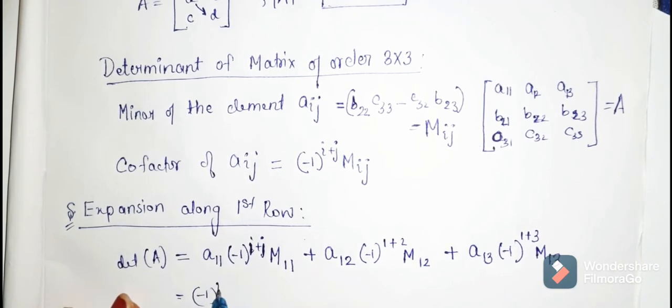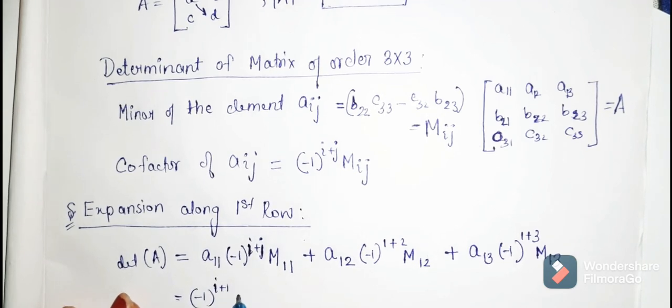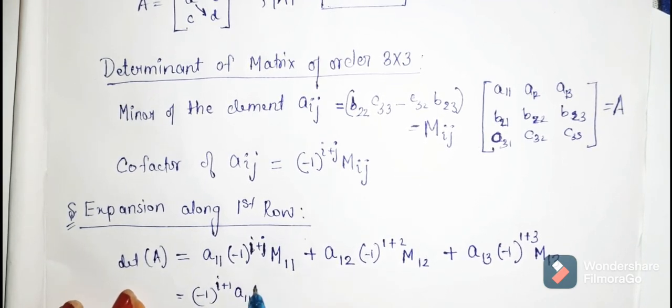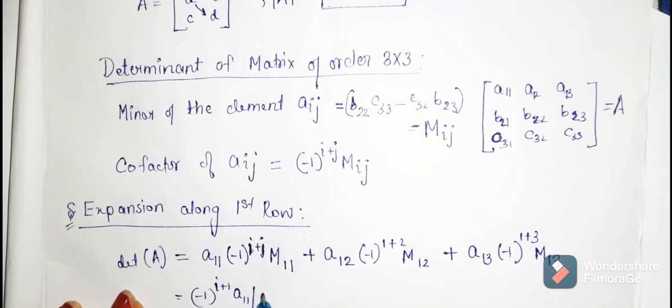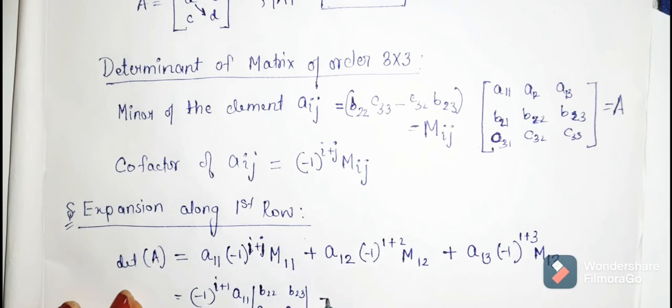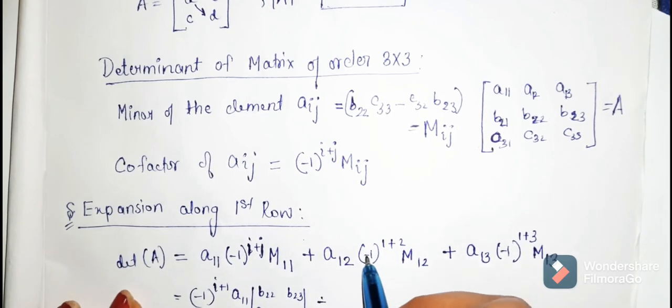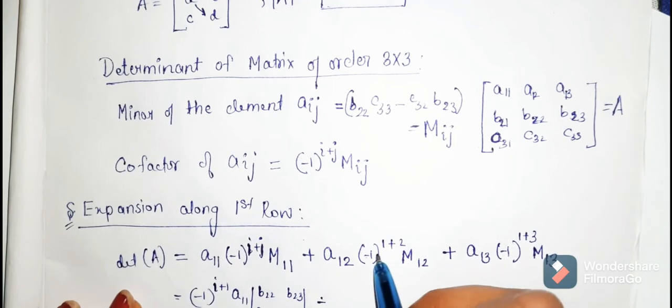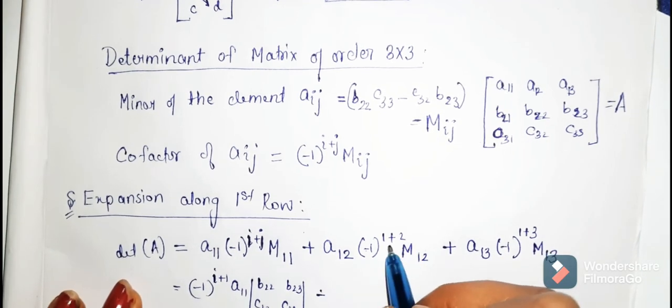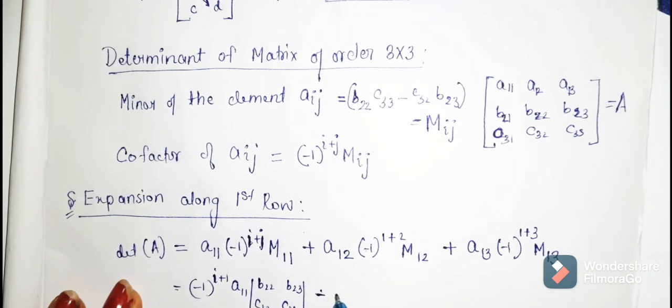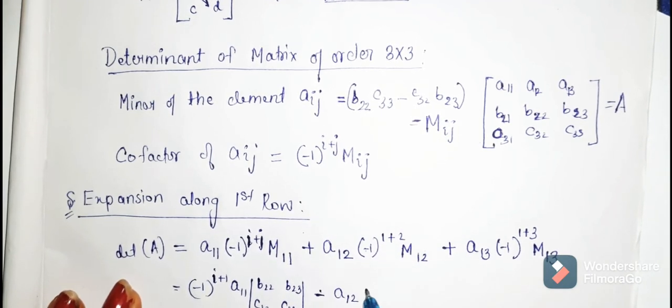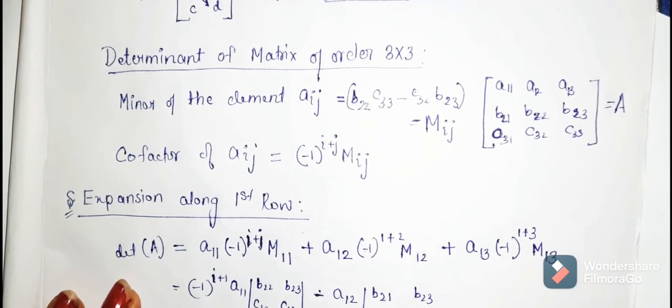So (-1) to the power 1 plus 1, A11 times its minor. Then (-1) to the power 1 plus 2 means cube, and (-1) to the power cube is minus 1, so in place of plus you write minus A12, and the minor has B21, B23, C31, C33.